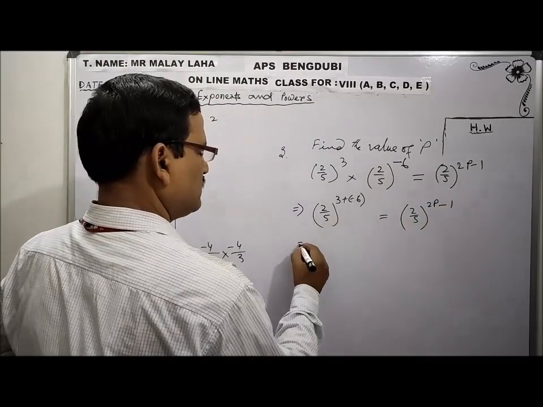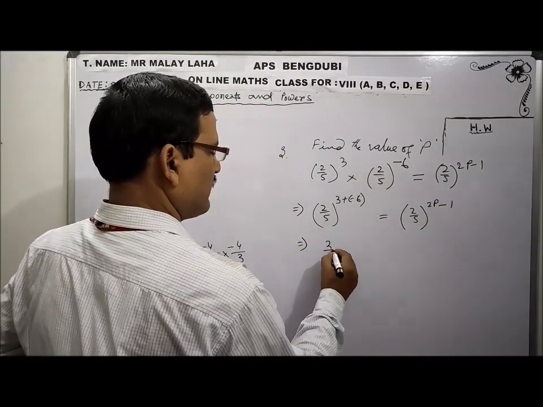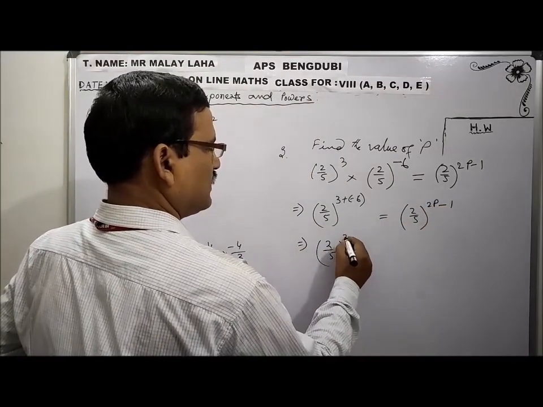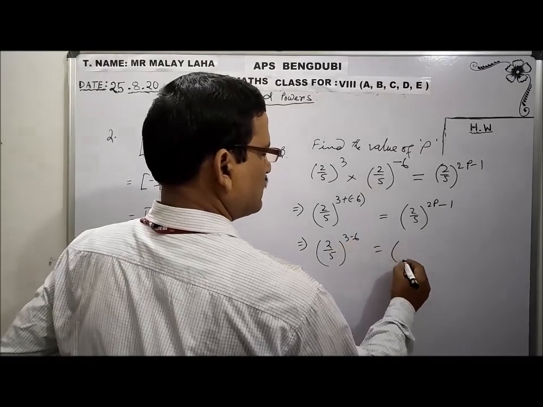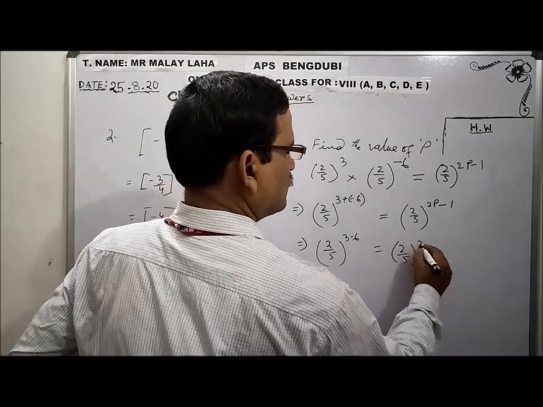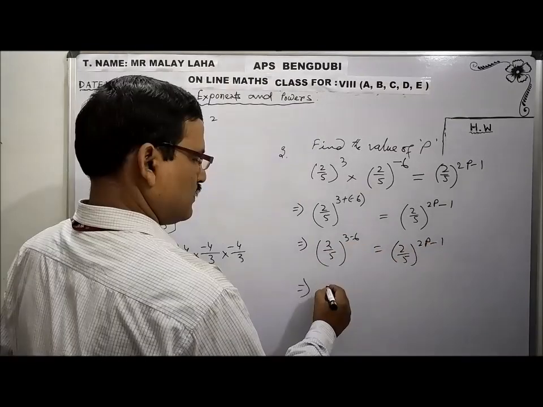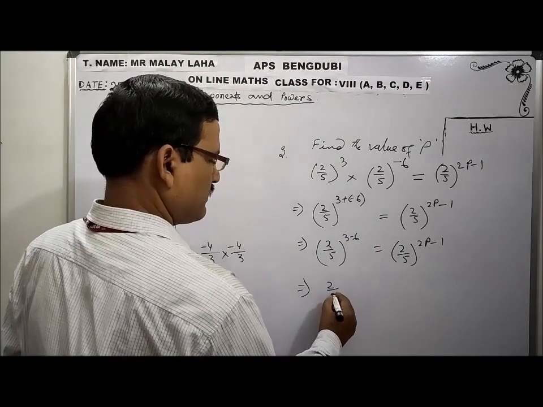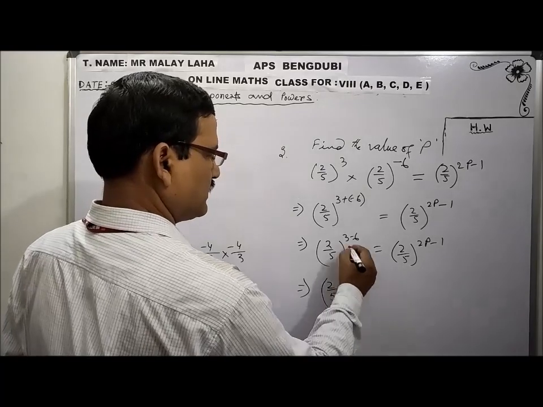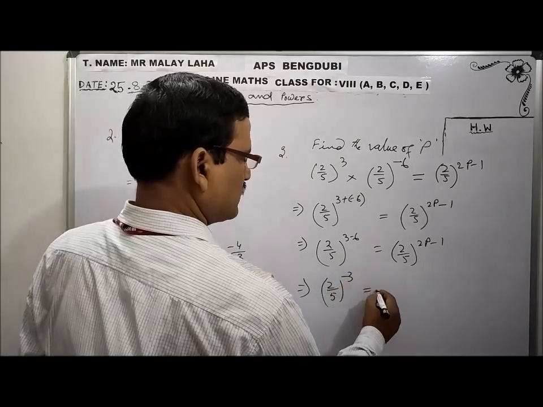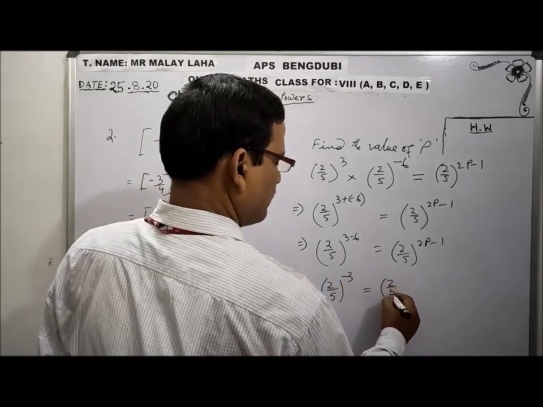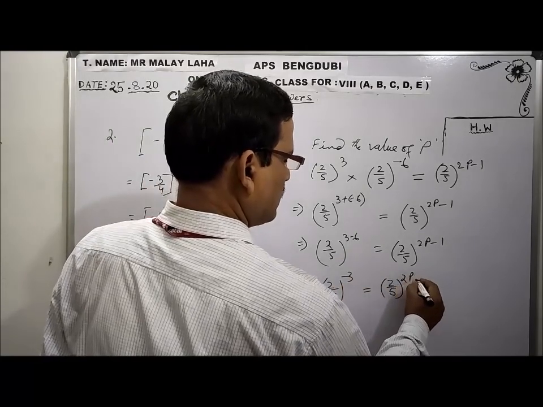What is the result here? (2/5) raised to 3 minus 6, that is (2/5) raised to minus 3, equals (2/5) raised to 2p minus 1.